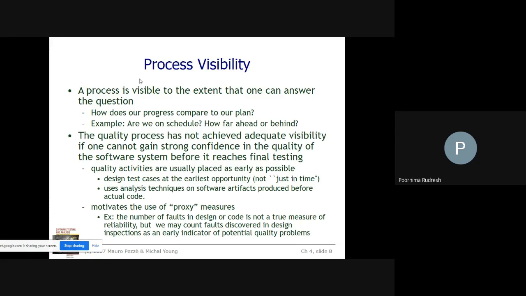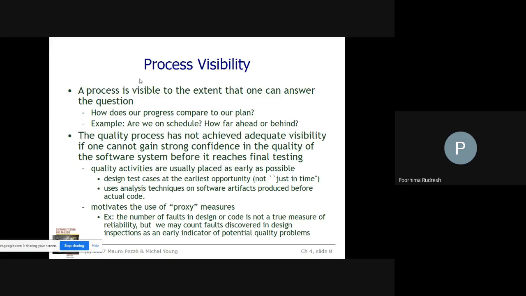If the quality process has not achieved adequate visibility, one cannot gain strong confidence in the quality of the software system before it reaches final testing, because we need to achieve adequate visibility through the quality process. If not, then we cannot get the confidence in delivering the quality product to the users or to the customers. And the quality activities should be followed as early as possible.